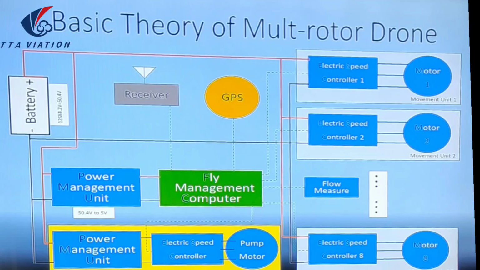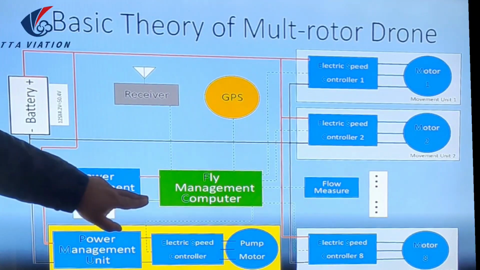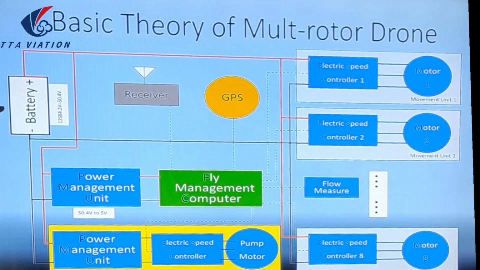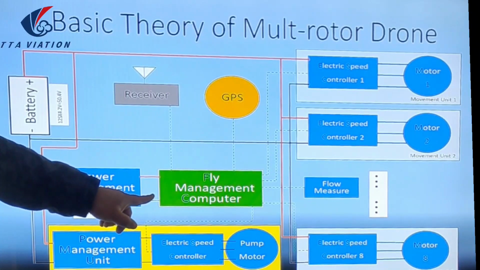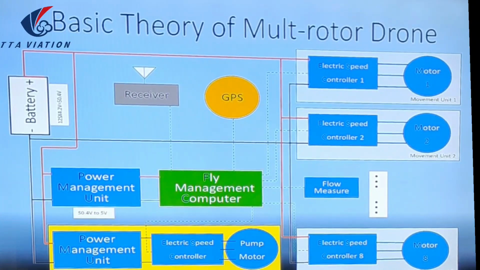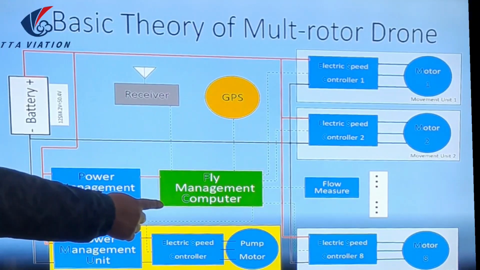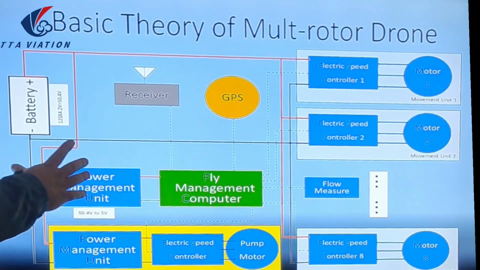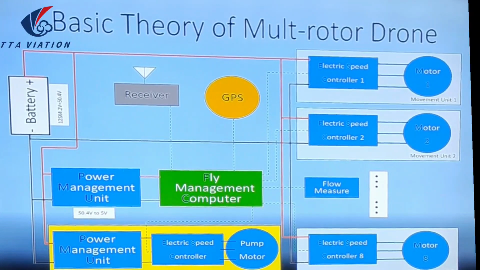So if we supply the battery voltage of 50.4 volts directly to the flight management computer, the very high voltage will burn this device and break it. So for this device to work correctly, we must supply a correct voltage to the device.